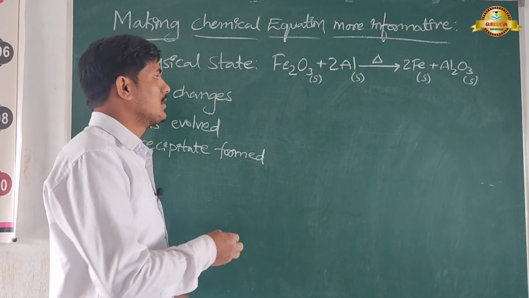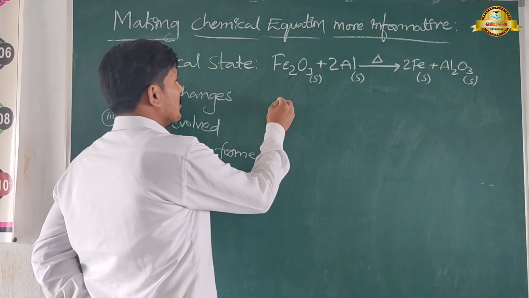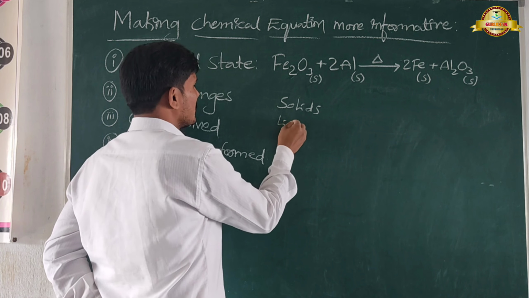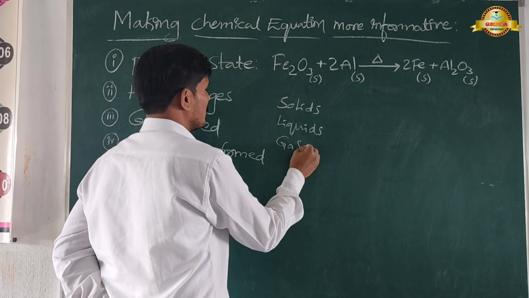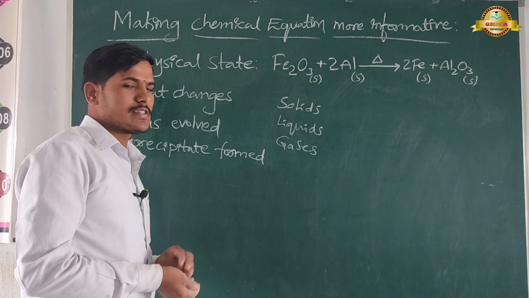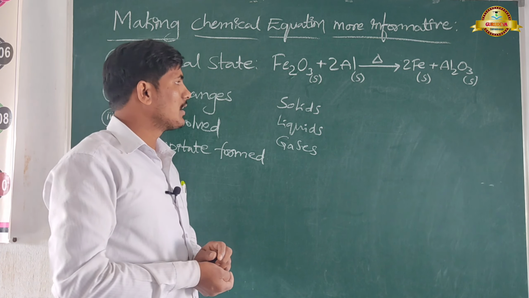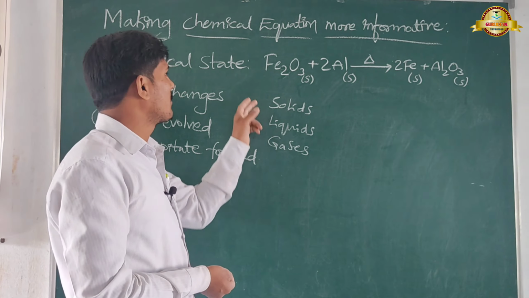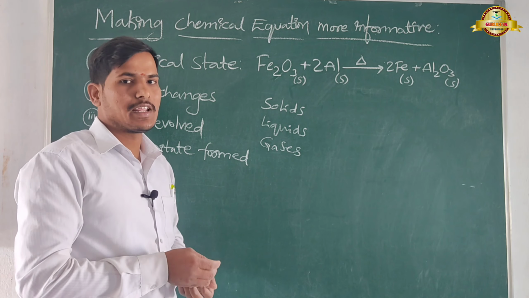The matter can exist in three states, that are solids, liquids and gases. Here also the physical state of the reactants and products, based on that we express it in the subscript of the chemical equation.